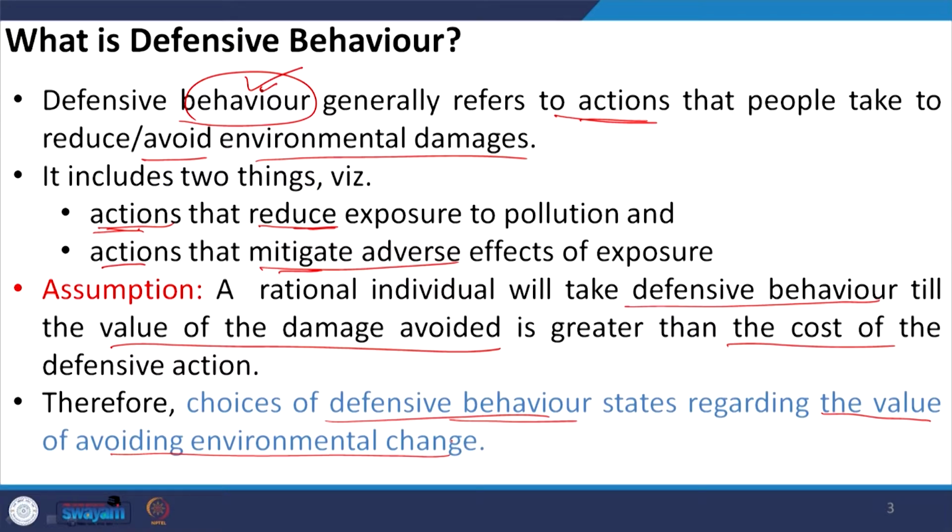So, after understanding defensive behavior, now we will be discussing what defensive expenditure is. If you are thinking that you will be prone to air pollution and may suffer from diseases like asthma, you are doing some kind of action in order to mitigate the bad, like air pollution.